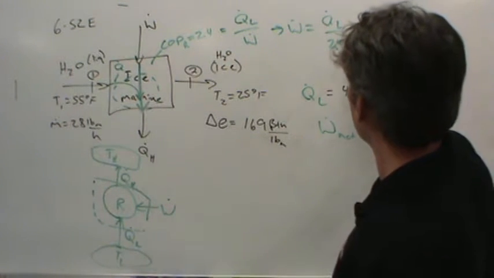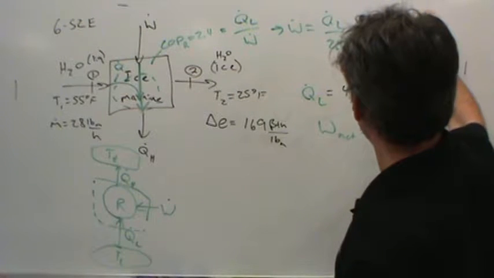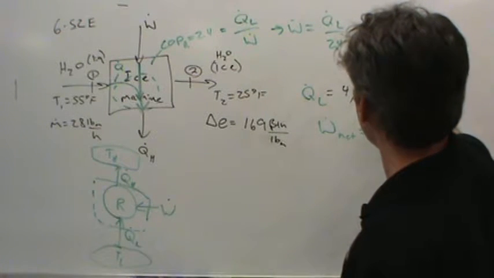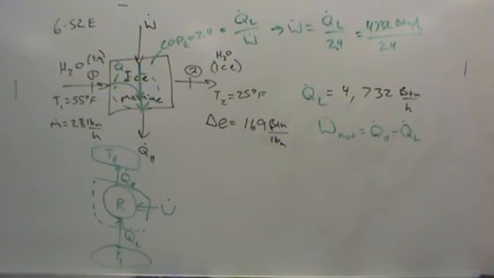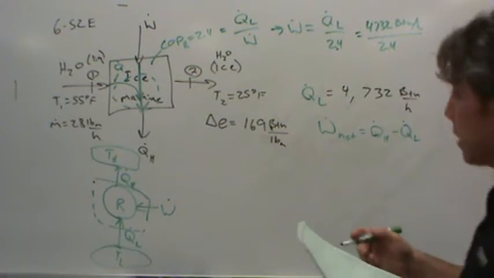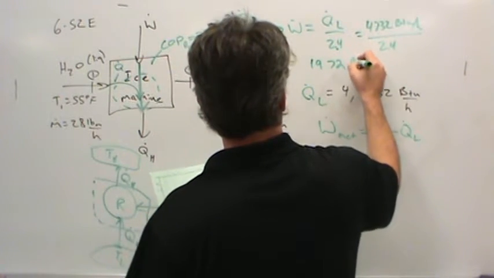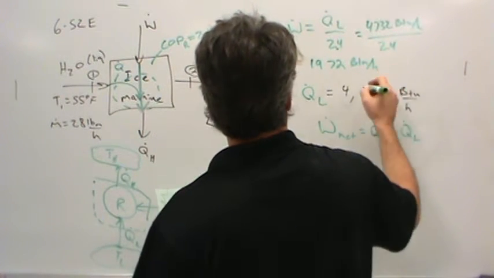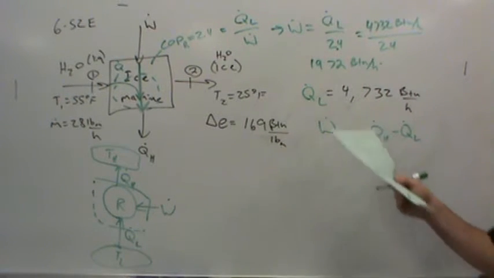So that's 4,732 BTUs per hour divided by 2.4, which will tell us the required work flow rate. And when I did that, I got 1,972 BTUs per hour.